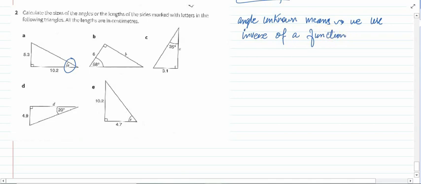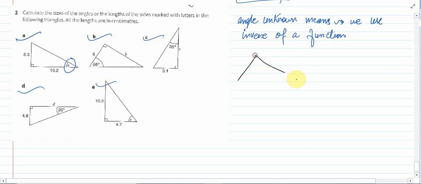So in all parts we are going to use inverse of a function, and the good thing is I won't explain these 5 parts, you need to do them by yourself, but I can explain similar examples, right?